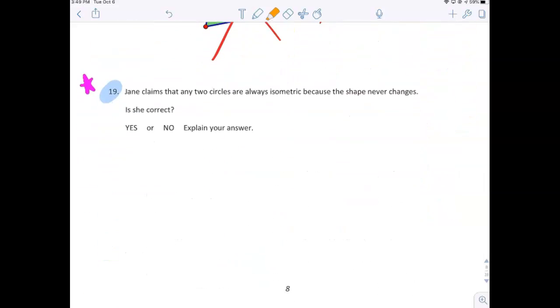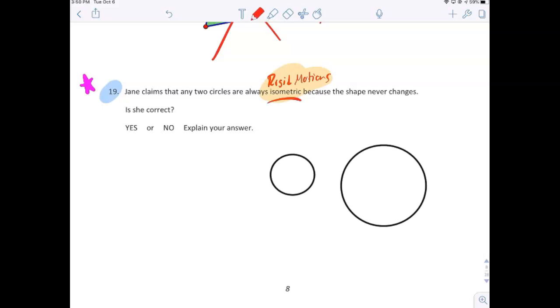And number 19 is an interesting question. Jane claims that any 2 circles are always isometric, which means they're always rigid motions, because the shape never changes. Interesting. Well, here's 2 circles, and you could say maybe the shape doesn't change because they're circles, but circles are kind of in a class of their own. These are not rigid motions because if I trace this one and put it on this one, it doesn't fit, right?